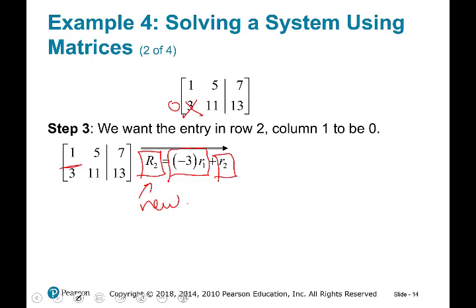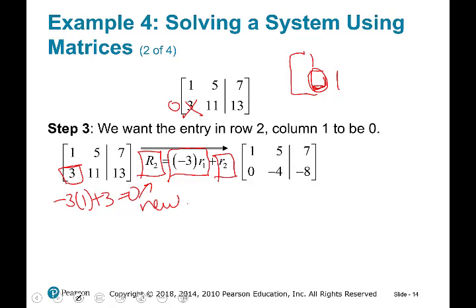Basically, this number here is going to be minus 3 times 1 plus 3. That way it gets to be a 0. Again, thinking in my final destination, which is 1, 1, and a 0 below.